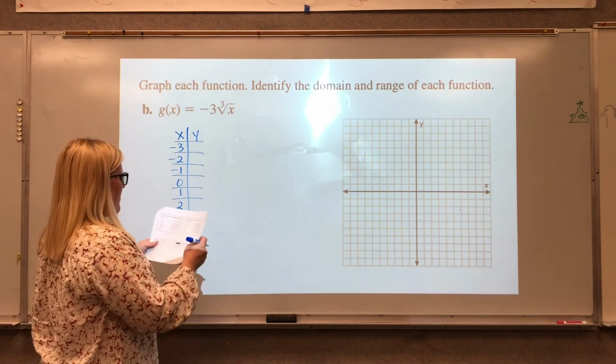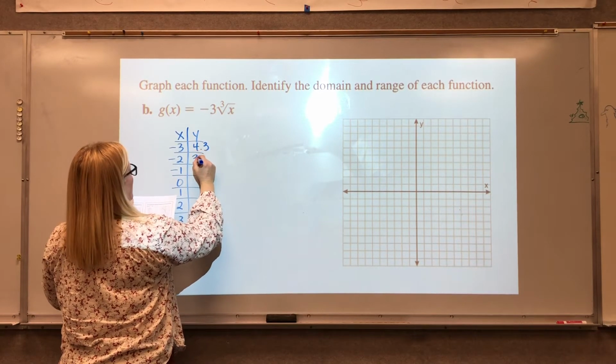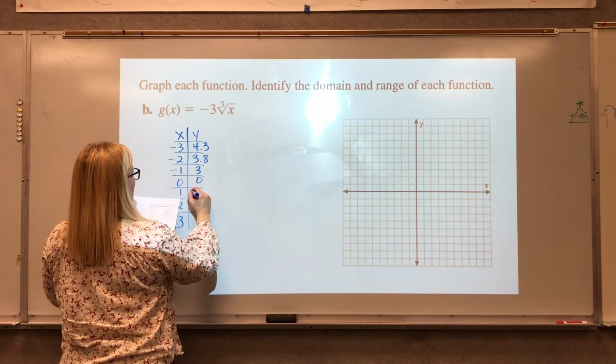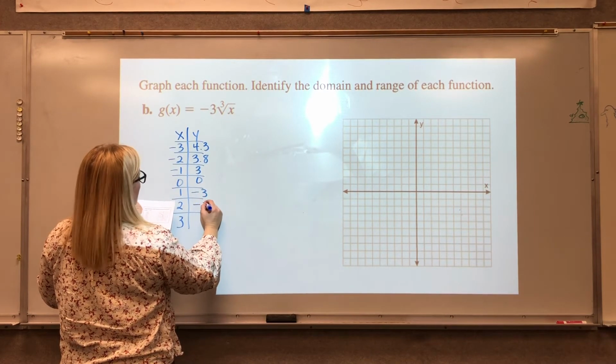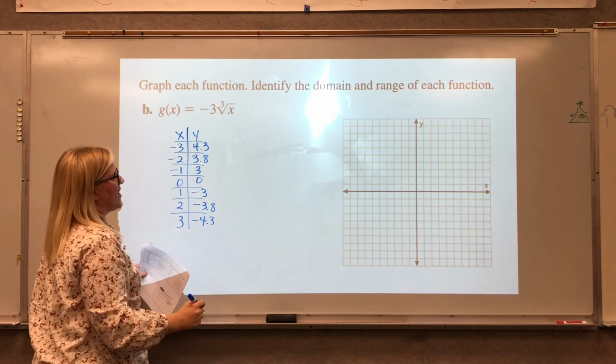Okay, so what I have here: this is 4.3, this is 3.8, 3, negative 3, negative 3.8, negative 4.3. You're seeing a pattern, I hope.